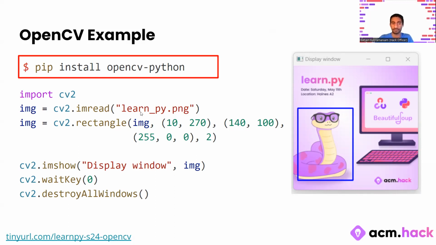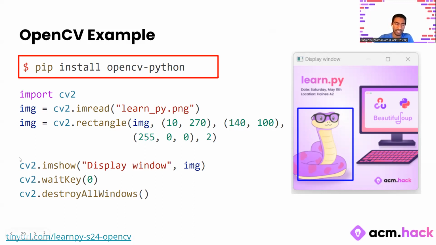The third line is calling the rectangle function, and it's taking in the image to draw the rectangle on, as well as coordinates for the corners of the rectangle, and the color, which in this case is just blue. I forget what this last parameter is, but if you look at the documentation, you could see what it was. But effectively, it's drawing this rectangle on the image.